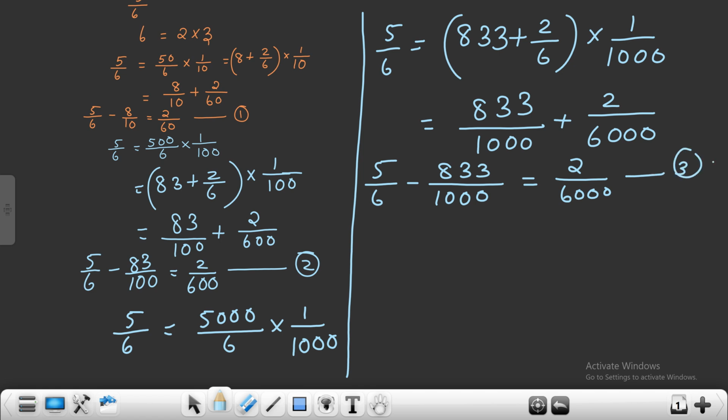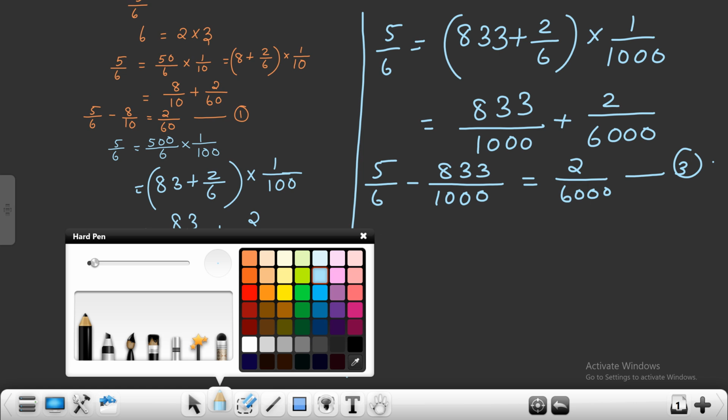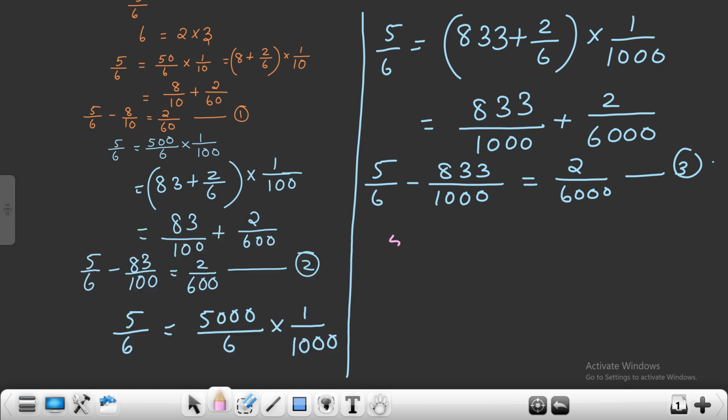Continue like this. Once again we can write. From the first step, 5 by 6 minus 8 by 10 is equal to 2 by 60.